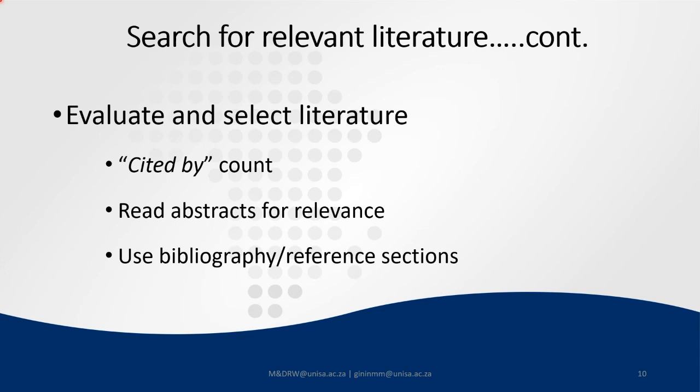For instance, for the one that has been cited 400 times, you can go to the reference section, check the authors and what they have been writing about, and if they have relevant literature, you continue in that line and include it in your write-up.